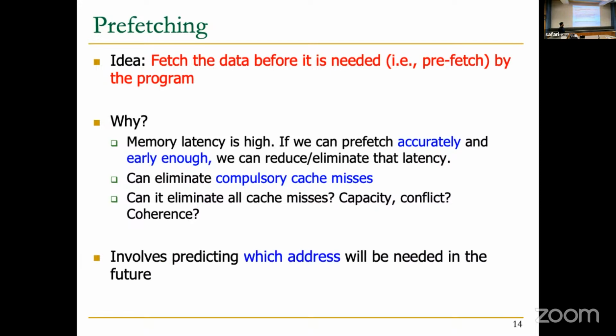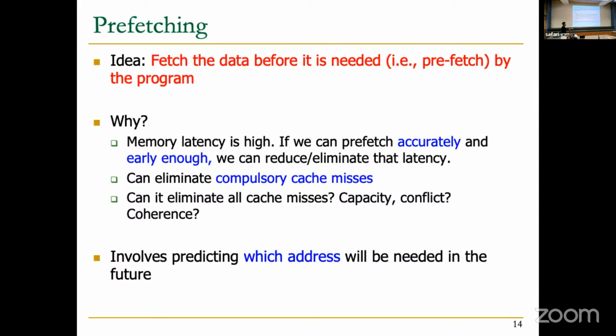Okay, so it's evident that prefetching essentially involves predicting which address is going to be used next. If I go back to the same analogy, the Spotify app needs to predict which song you might listen to next, right?